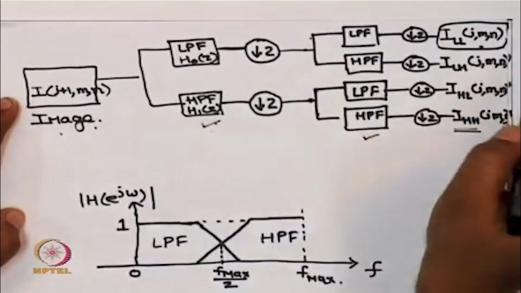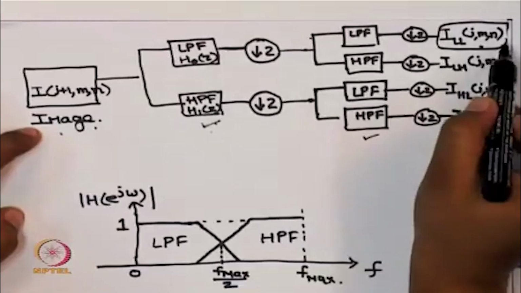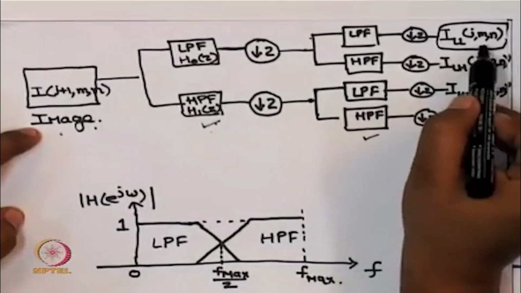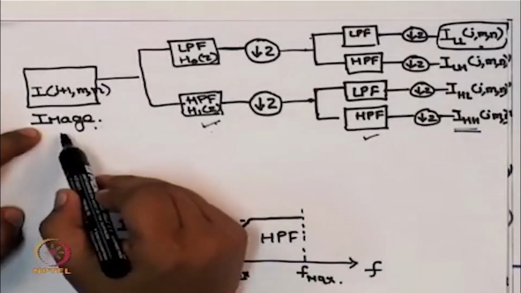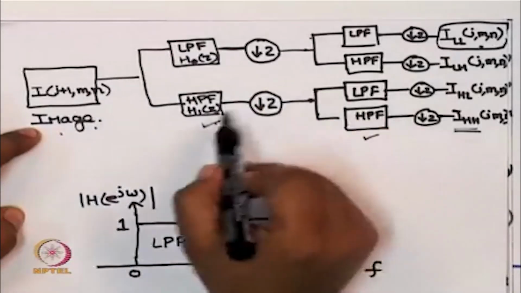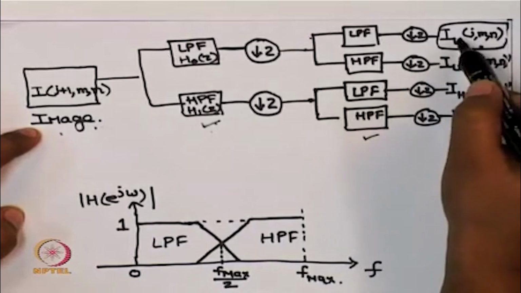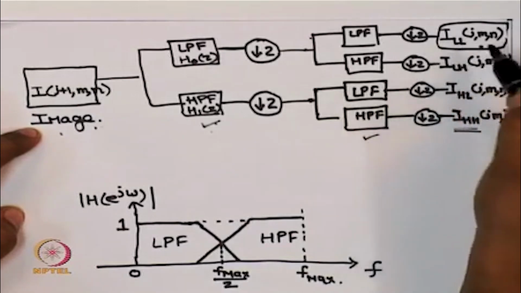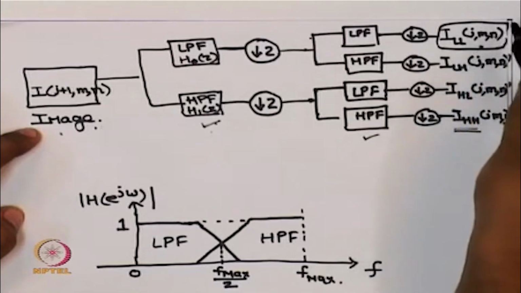Therefore, we repeat the whole process again with the LL image as the input, and now we have to be cautious that this image is at scale J. Now when this is at the input, after doing all these operations again, at the output we will obtain the same ILL but at scale J minus 1.